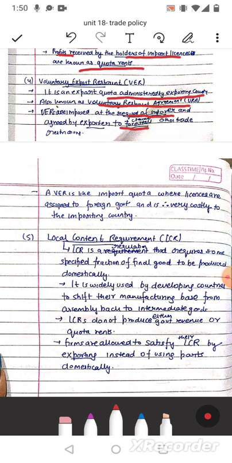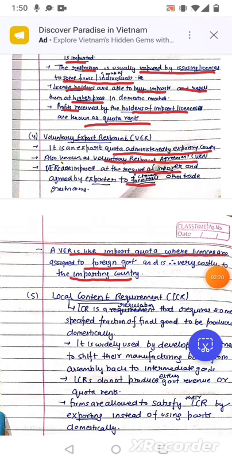A VER is like an import quota where licenses are assigned to foreign government and therefore it's very costly to the importing country. Generally VERs are agreed by exporters so that if they agree to VERs, the other restrictions on them are removed. Now the last one is the local content requirement, LCR.